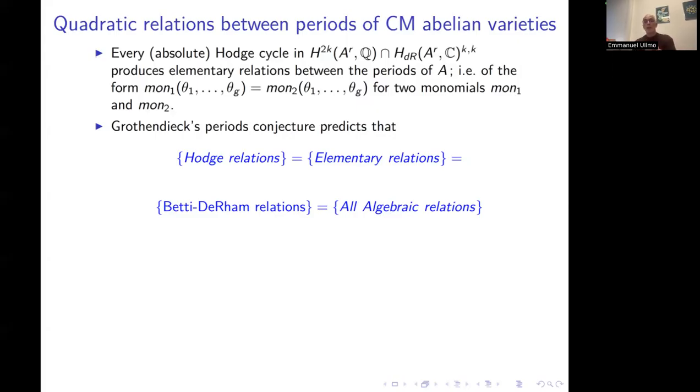You have elementary relations which are given by equalities between two monomials, and, okay, I don't speak about Betti-de Rham, it's not important here. If the Grothendieck periods conjecture is true, it should be generating all the algebraic relations. You should not find any others.